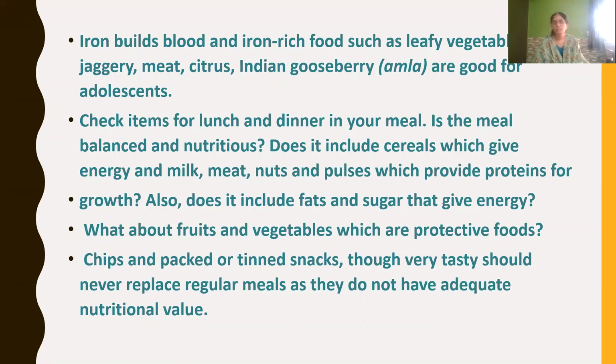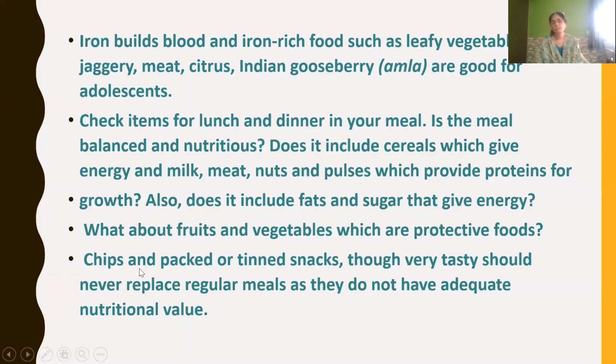Does it include cereals, which give energy, and milk, meat, nuts and pulses, which provide proteins for your growth? Your diet should also have some fats and sugar, which give us energy. Fruits and vegetables are also very essential, because otherwise it leads to deficiency diseases, so we call them protective foods.